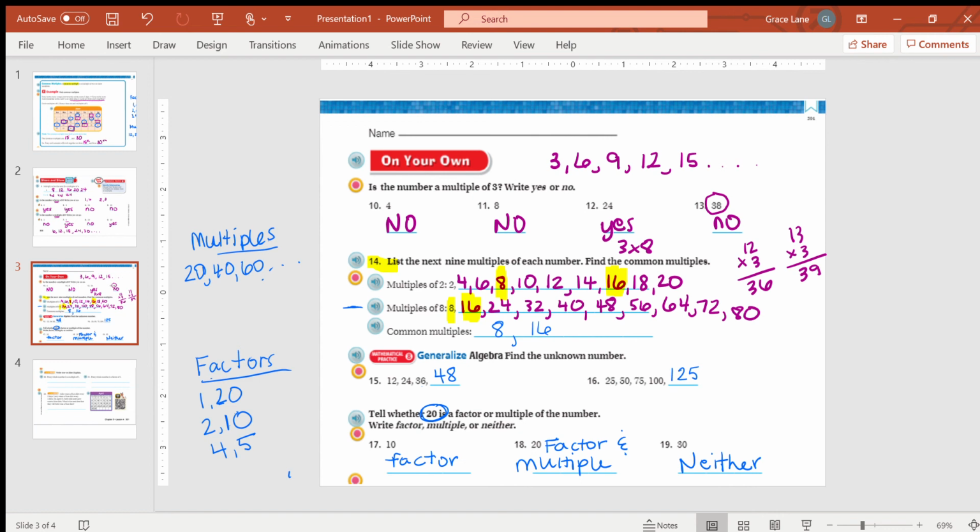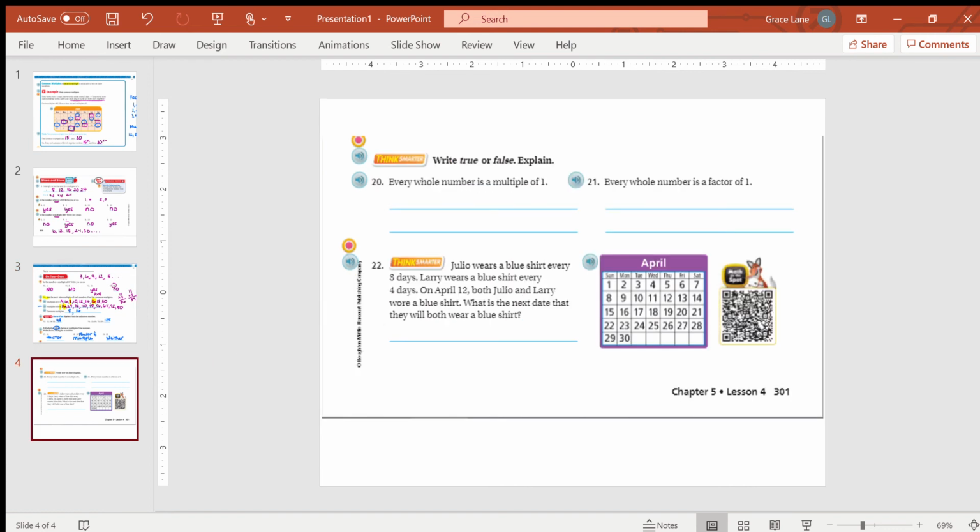All right, go ahead and look at the last section. Again, you can try these on your own. But the first two, 20 and 21, are true and false questions. For number 20, is this true or false? Every whole number is a multiple of 1. I think the easiest way to answer math true and false questions is to try to prove this either right or wrong. Whole numbers are just 1, 2, 3, 4, 5, 6, 7, 8, 9, 10.